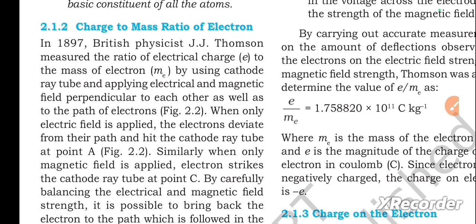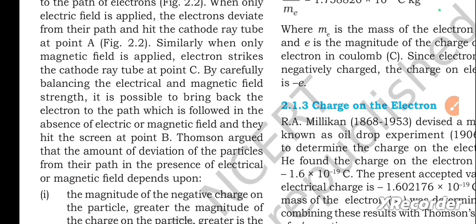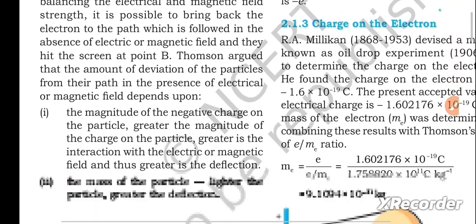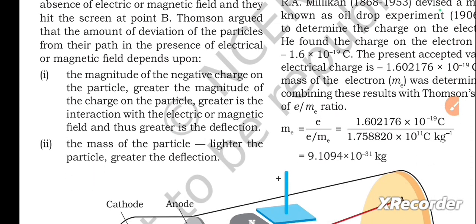Similarly, when only magnetic field is applied, the electron strikes the cathode ray tube at point C. By carefully balancing the electrical and magnetic field strength, it is possible to bring back the electron to the path which is followed in the absence of electric or magnetic field, and they hit the screen at point B. Thomson argued that the amount of deviation of the particles from their path in the presence of electrical or magnetic field depends upon, first point, the magnitude of the negative charge on the particle.